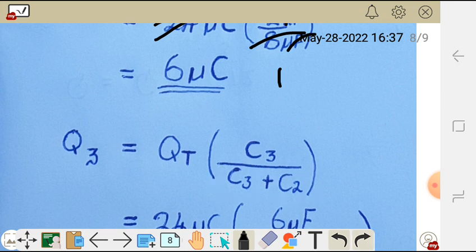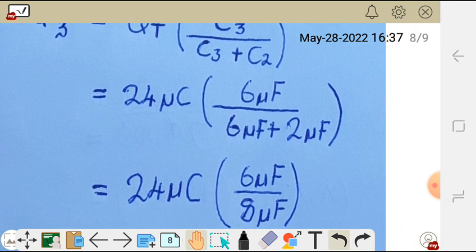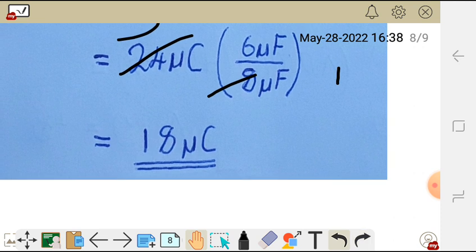Our C3 is 6, divided by the total of the two capacitors, which is 8. 8 into 24 is 3, and 3 times 6 is 18. So the charge on that 6 microfarad capacitor will be 18 microcoulombs.